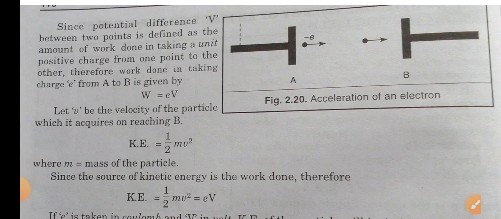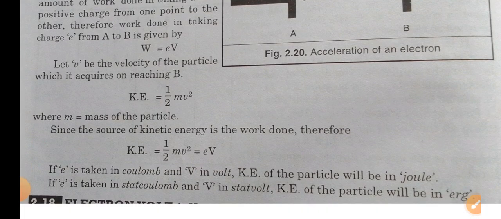Since the source of kinetic energy is the work done, therefore KE is equal to half mv square is equal to EV. If E is taken in coulomb and V in volt, then kinetic energy of the particle will be in joule. And if E is taken in statcoulomb and V in statvolt, then kinetic energy of the particle will be in erg.